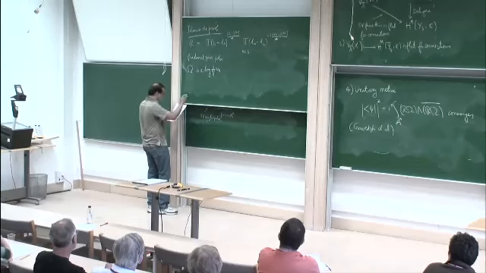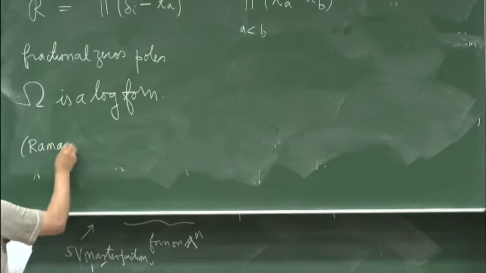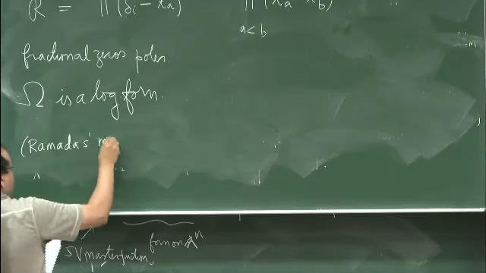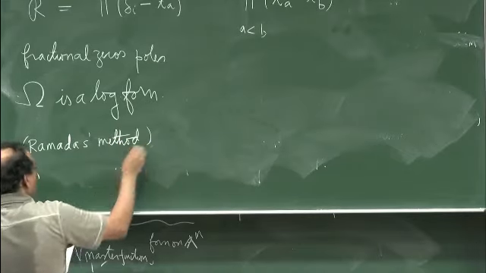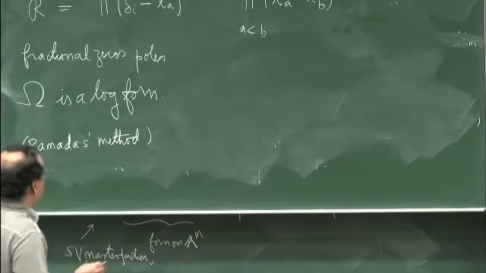So the method is the following. You need to show that on various strata the logarithmic degree of R omega is positive.